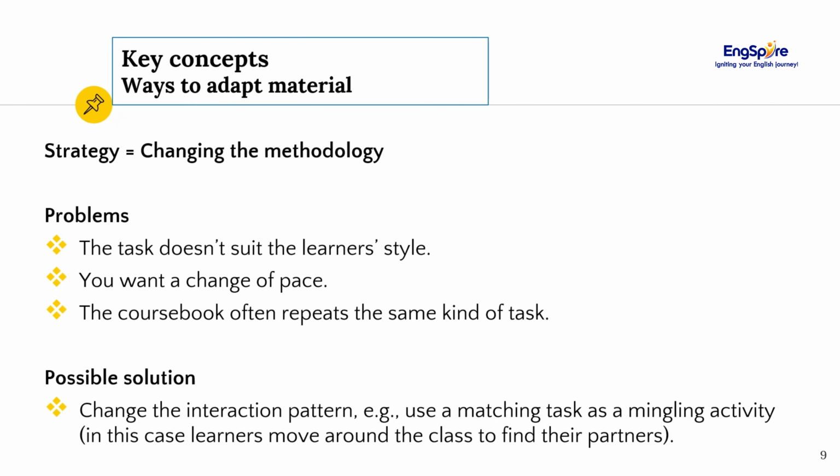For example, a coursebook activity asks students to match vocabulary words with definitions individually. Instead, you could turn it into a mingling activity. Give each student either a word or a definition. Students walk around the classroom and ask questions and find their matching partner.